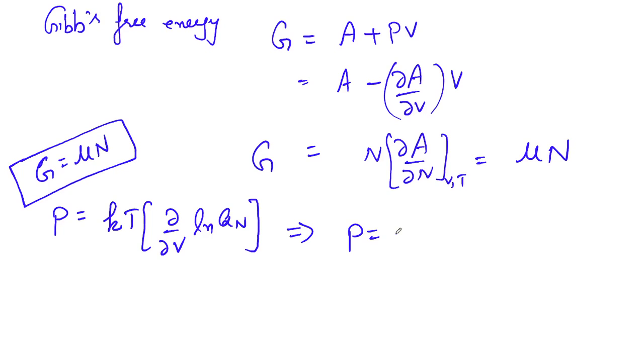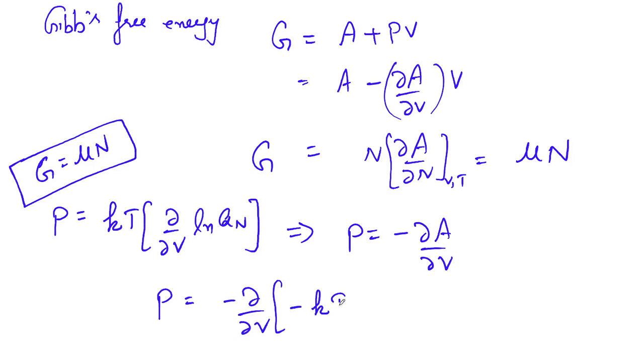Pressure we know is minus ∂A/∂V, so I can rewrite this equation. So this comes out to be minus ∂/∂V of A, and A is minus kT log of Q_N, which I can write as the summation of exponential of minus beta into E_r.